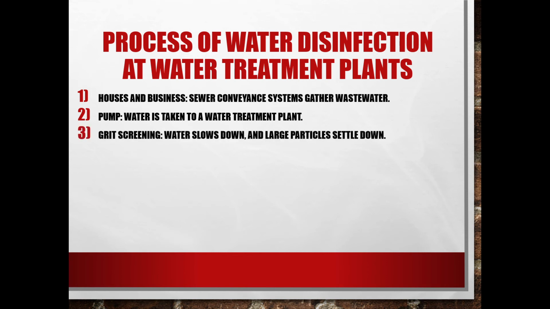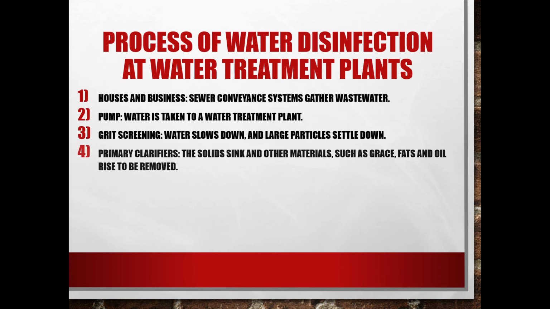Step number 3, grid screening, which means that water slows down and large particles settle down. So when water reaches the water treatment plants, its speed is going to decrease. So all of the large particles are going to start coming to the ground.